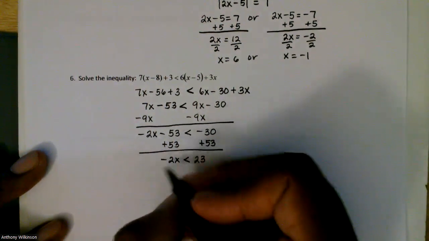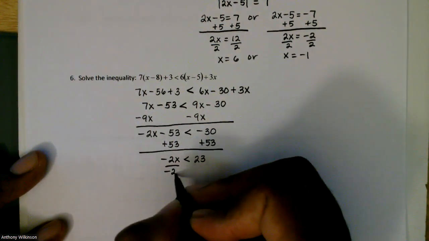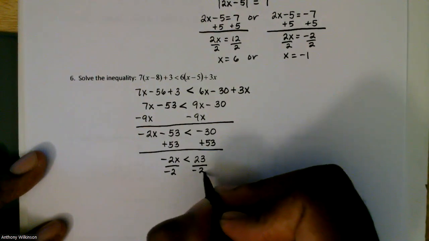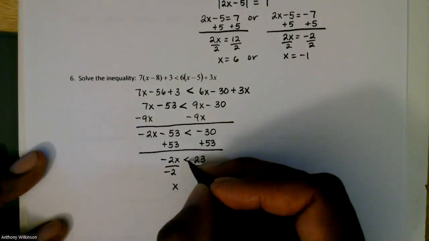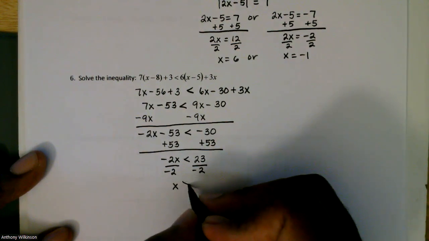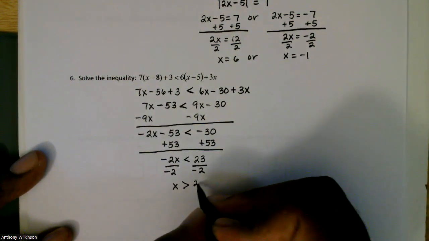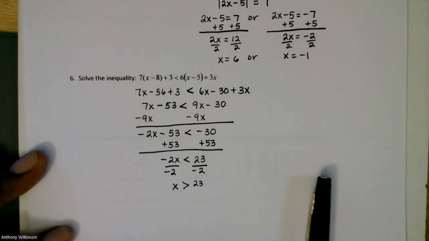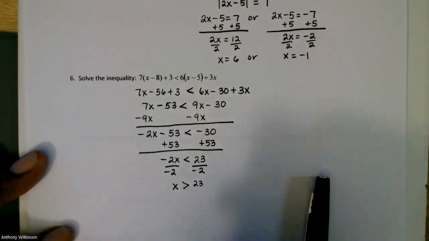Then I'm going to divide both sides of the inequality by negative 2. But when I do that, what's going to happen here is that this inequality symbol of less than will change to greater than. And I'm going to leave this as, let's say, negative 23 over 2.